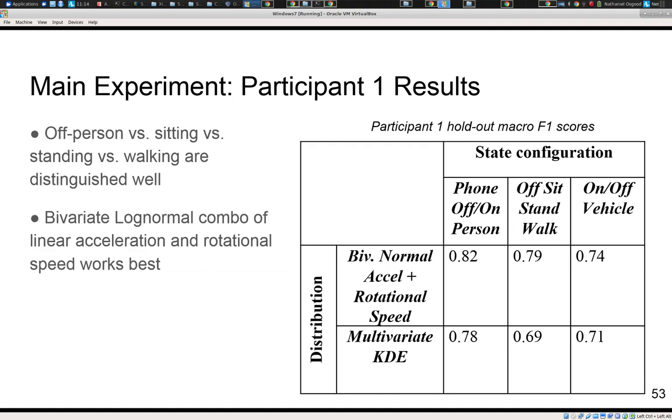This parametric model, where we were essentially positing for a given state that the level of acceleration, this is the norm of accelerometer, I think norm of rotation, varied according to a bivariate normal distribution, actually outperformed the one based strictly on empirical data on the subset of data that was trained against.